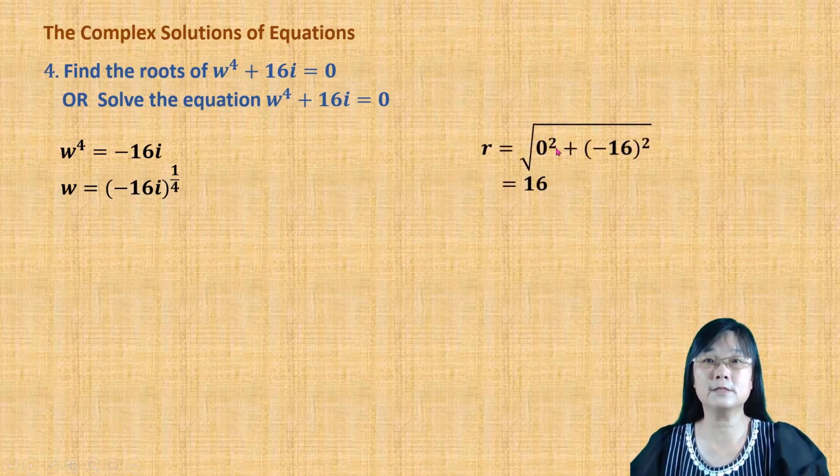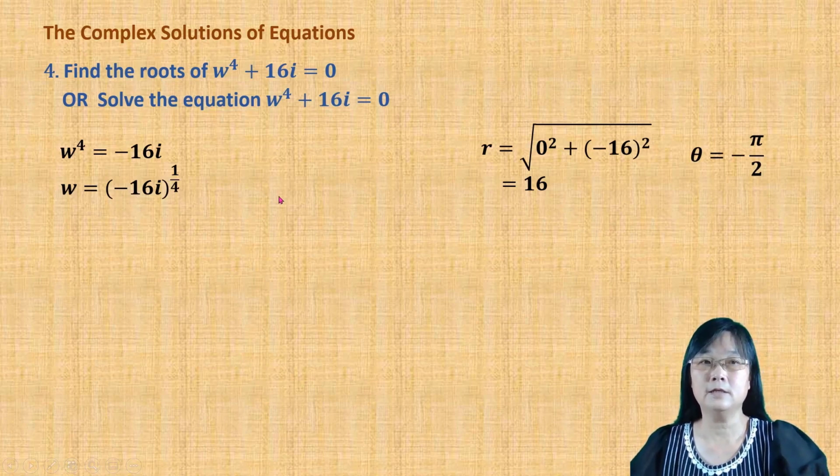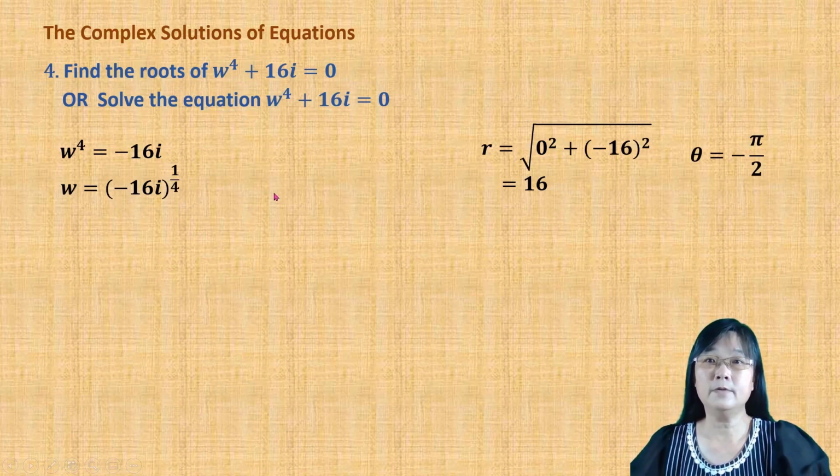For the modulus, x is 0 and y is negative 16, so the modulus is 16. For the argument, the position of negative 16i is at the negative imaginary axis, so the argument is negative pi over 2.